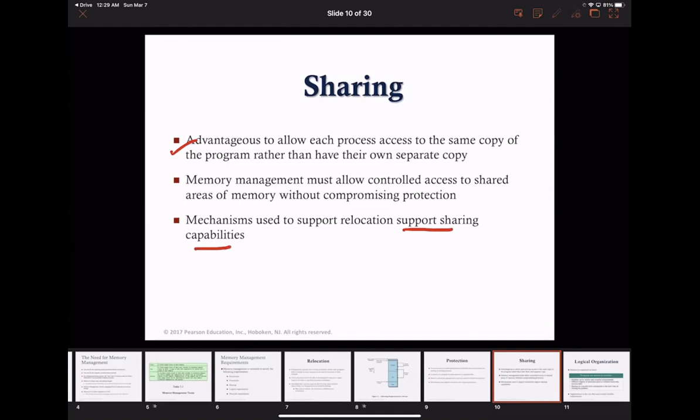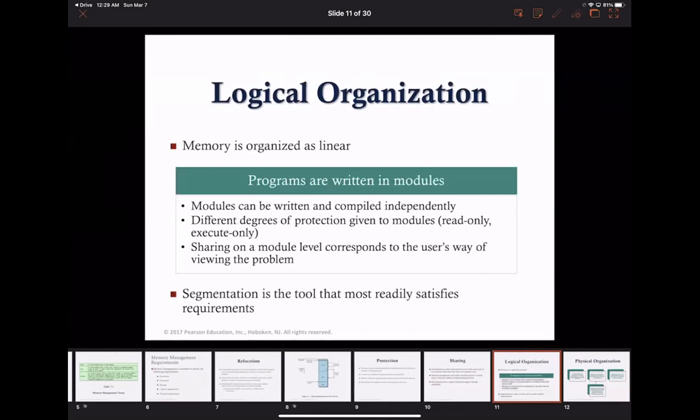So in order to support the relocation and the sharing mechanism, we have to talk about logical organization versus physical organization. For logical organization, memory is organized as a linear array. Sometimes we look at the main memory in a computer system as a one-dimensional address space, one memory consisting of a sequence of bytes or words.